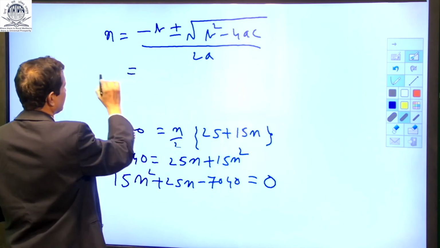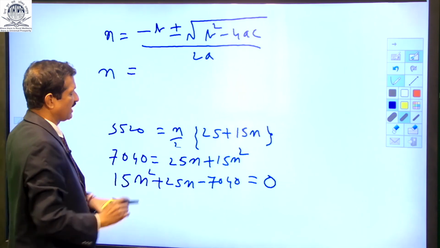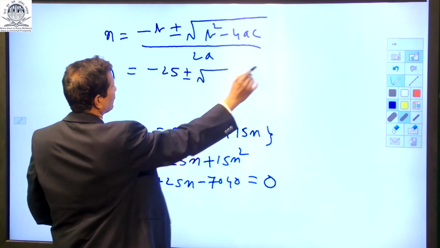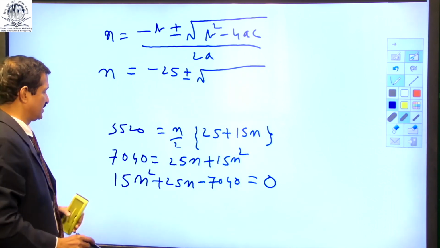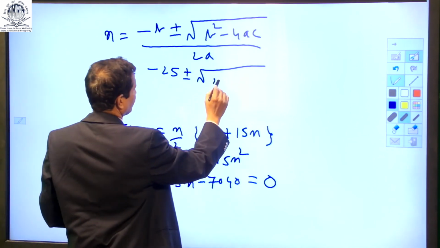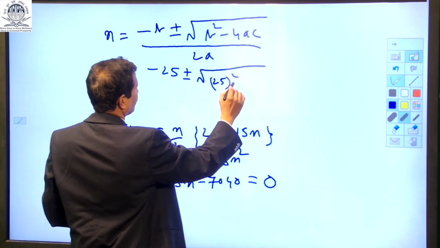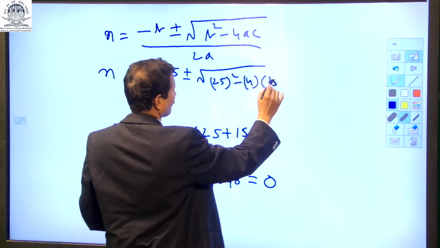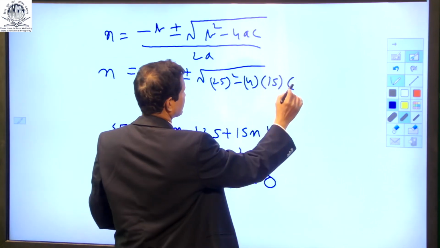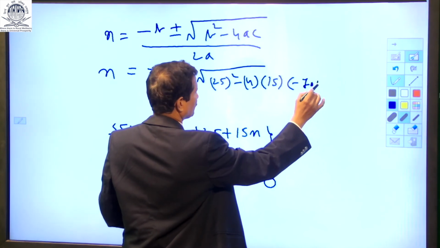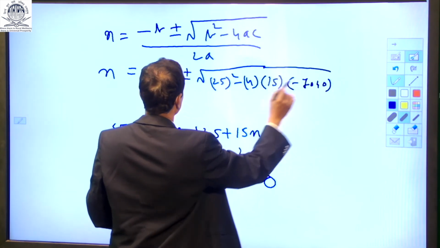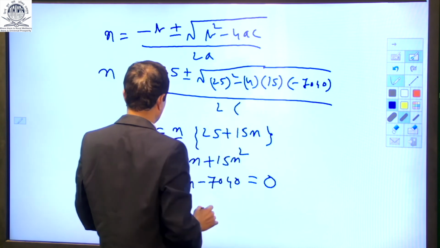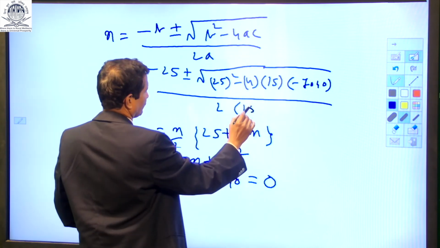Substituting the values here, n is equal to minus 25 plus or minus root of b square, which is 25 square, minus 4 into a, which is 15, into c, which is minus 7040, the whole divided by 2 into 15.